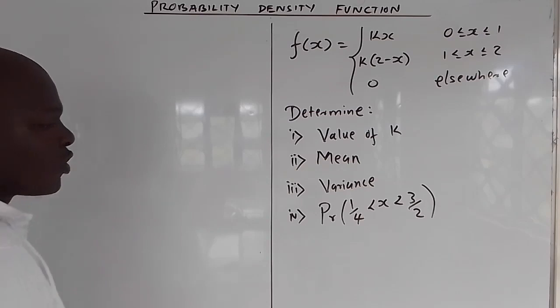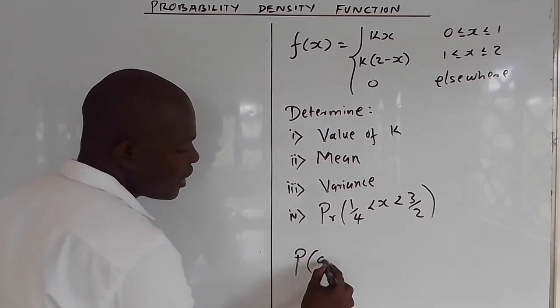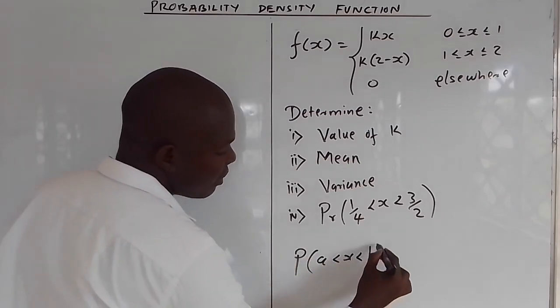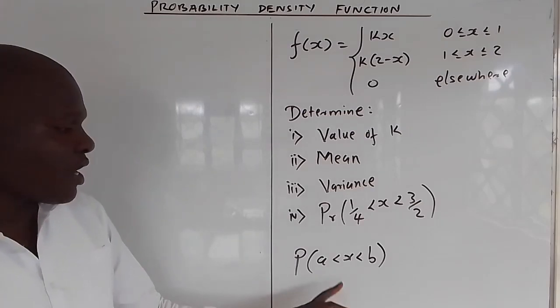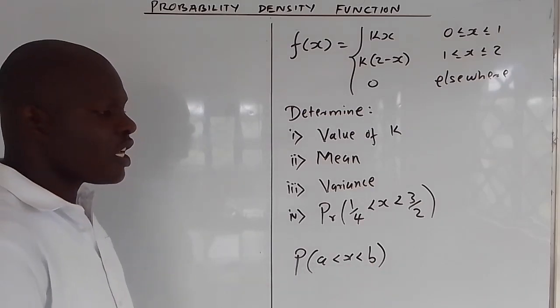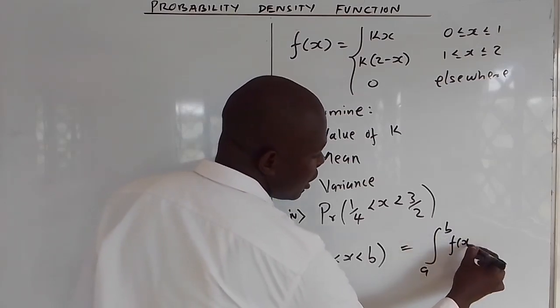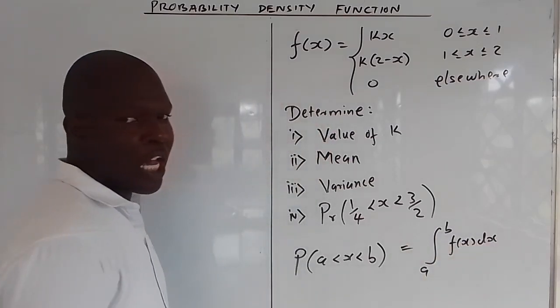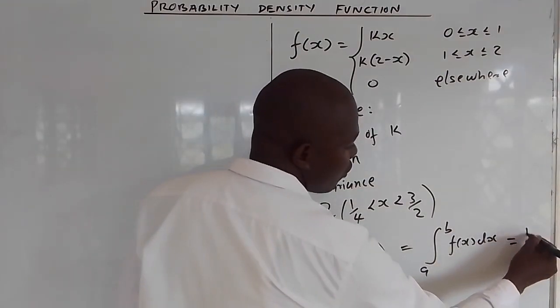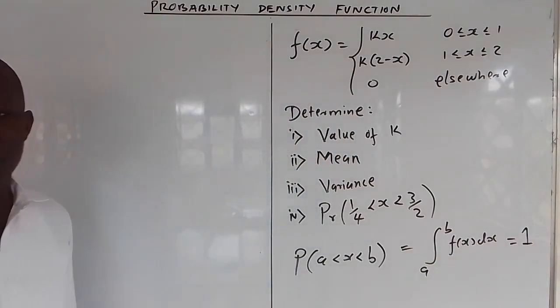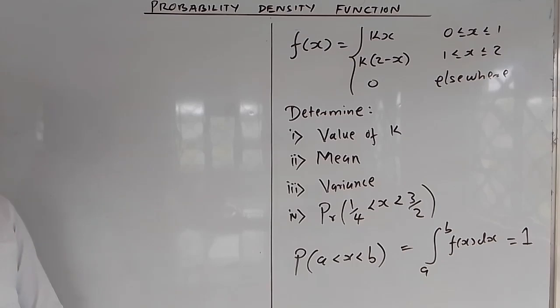So first of all, you need to know that the probability of a continuous random variable x between the limits a to b is given by integrating from a to b of f of x dx. And when you integrate over the whole range, you get a probability measure of 1.